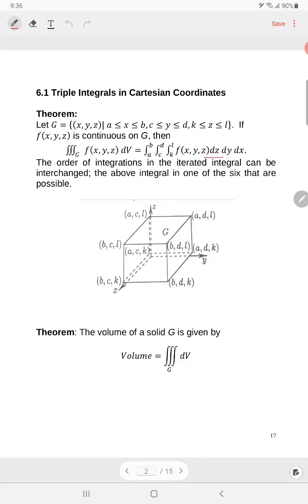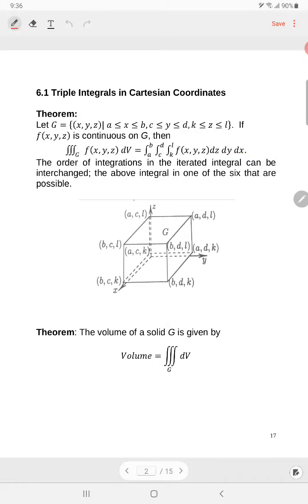So it can be dz, dx, dy, dy, dx, dz. So altogether we have 6 combinations. So if your solid G is a cuboid, then the order of integration here is quite flexible. It can be done in 6 ways.